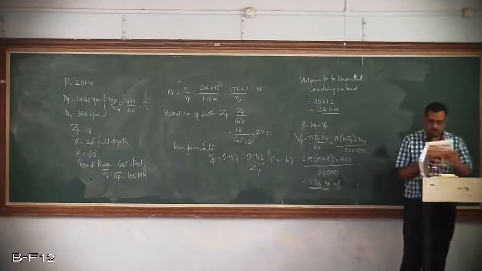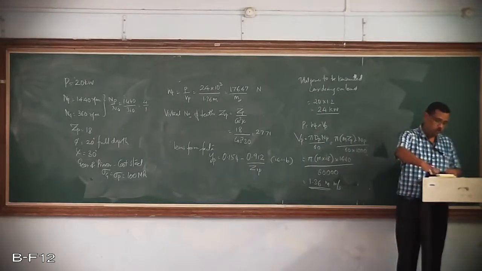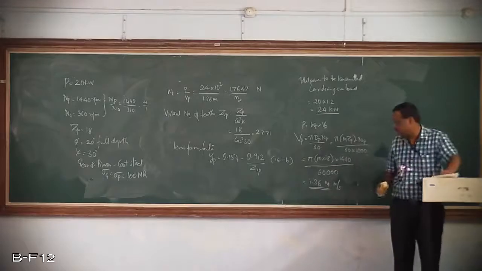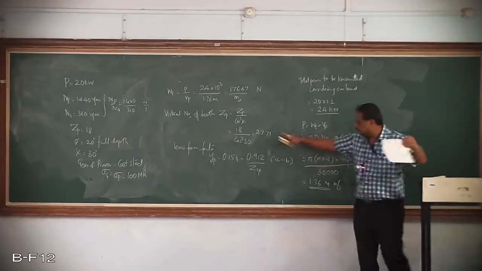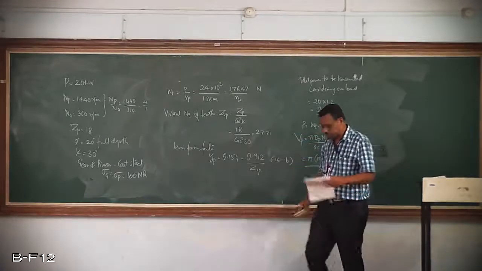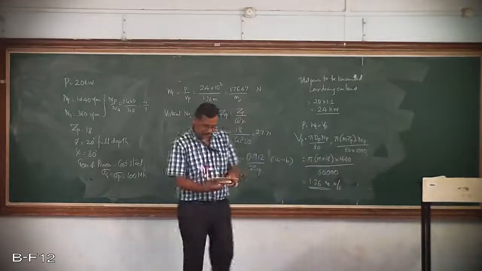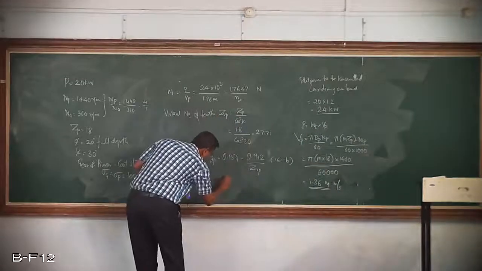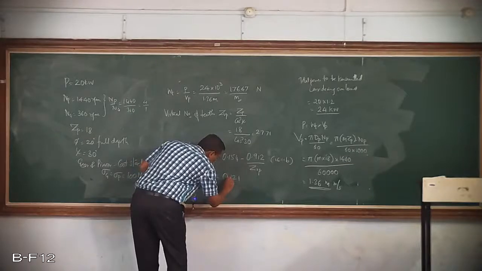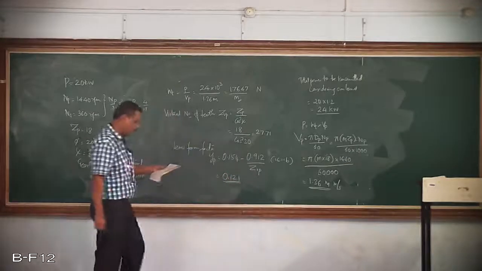If you substitute the value of ZVP as 27.71, you get 0.121. Therefore, this is the value of YP.